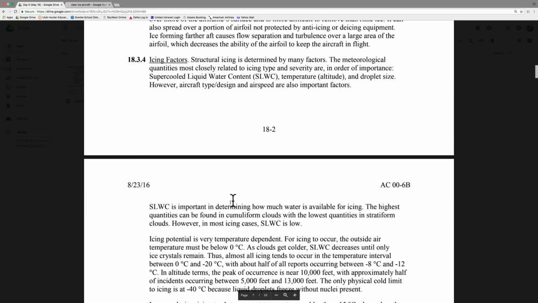So sorry, quantity, icing type, and severity. So you'll see light rime, and things like that in our pilot reports.